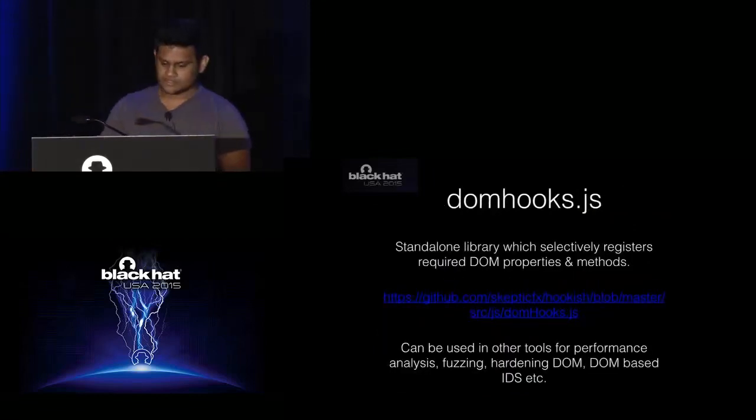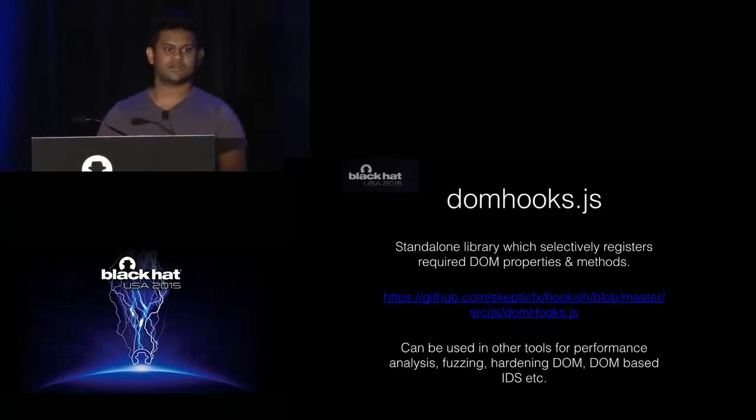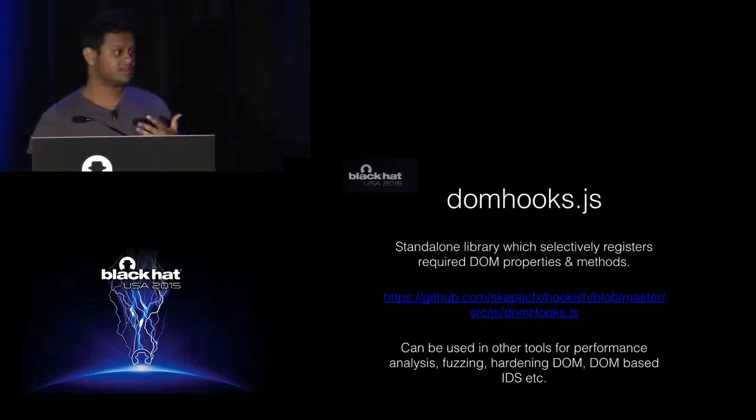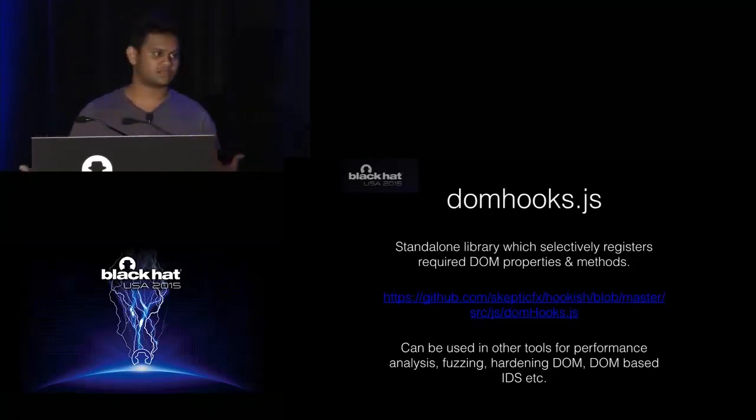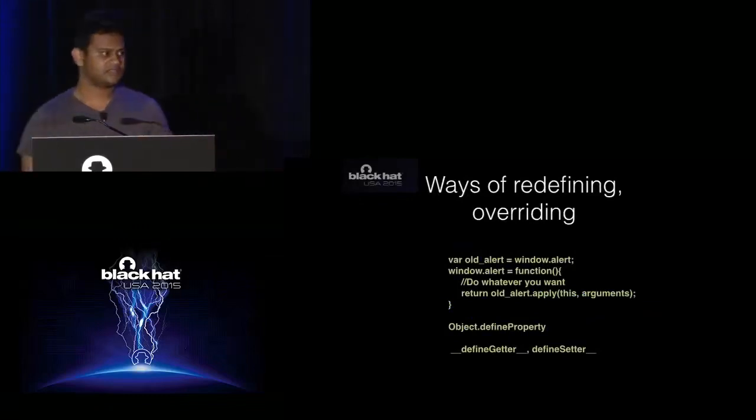So I've written this DOM hooks.js in a modular fashion. If you're interested in trying to do fuzz testing, or even writing DOM-based IDSs, or things like hardening your DOM, it can be interesting to you. So here are a few ways of how you would redefine or override things in JavaScript.